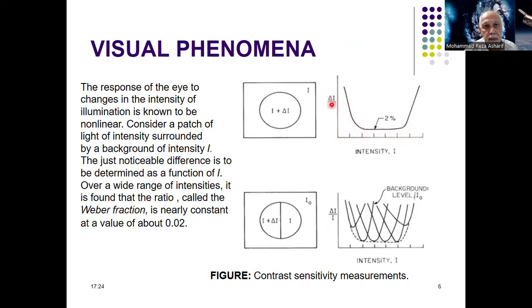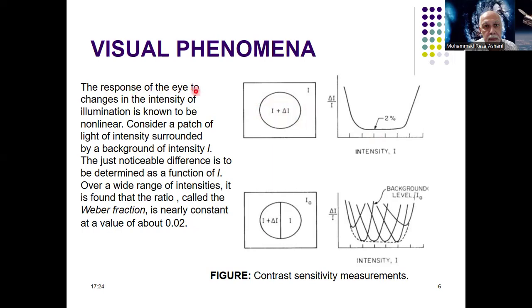But the level of delta I to I is almost 2% for detecting, for instance, a surface with intensity I and a circle with intensity I plus delta I. The ratio between delta I and I is the logarithmic ratio of sensing light, which is constant when it's not very dark and not very bright. In normal light, it's almost 2%. Below 2%, you cannot sense the circle. More than 2%, you can sense this circle.